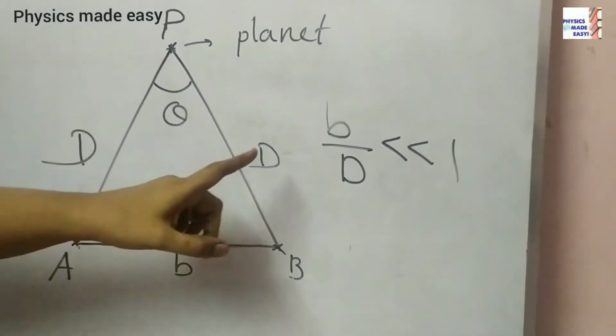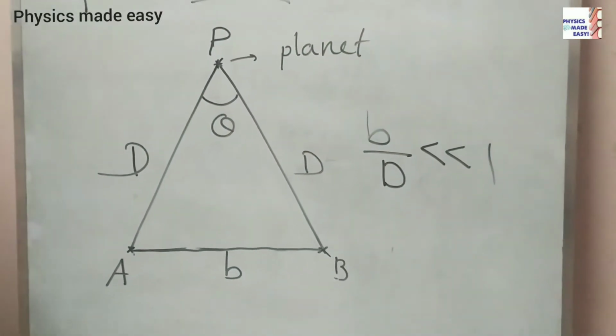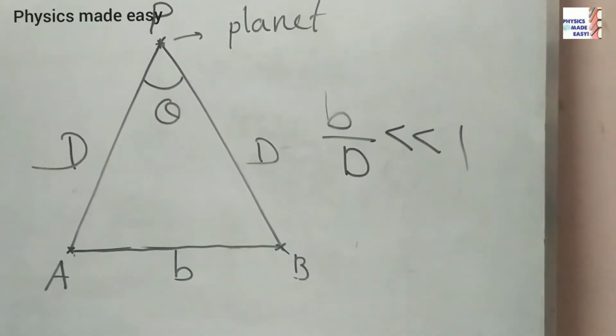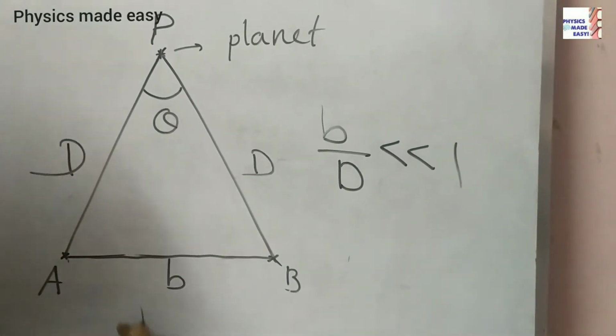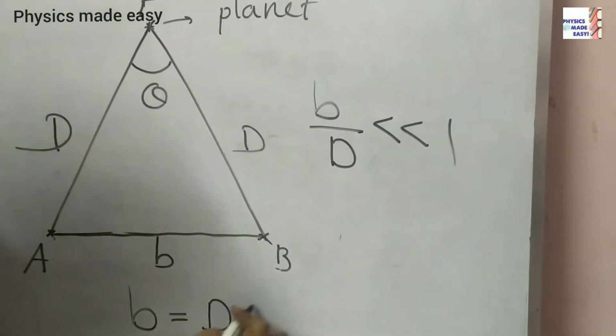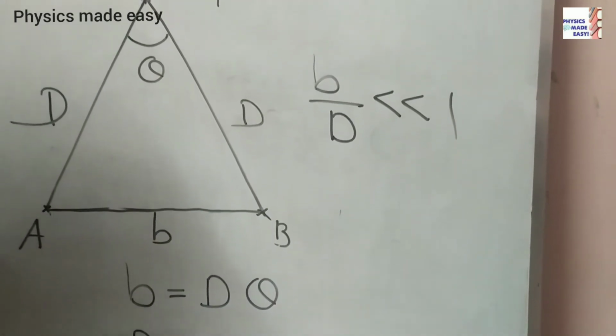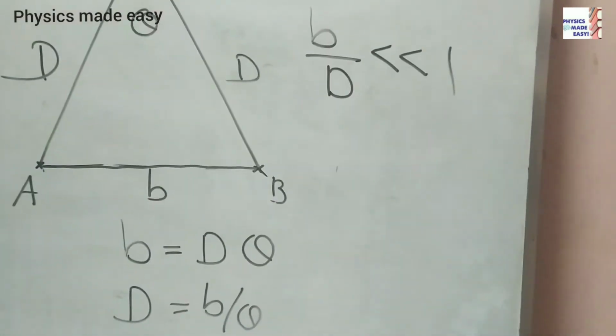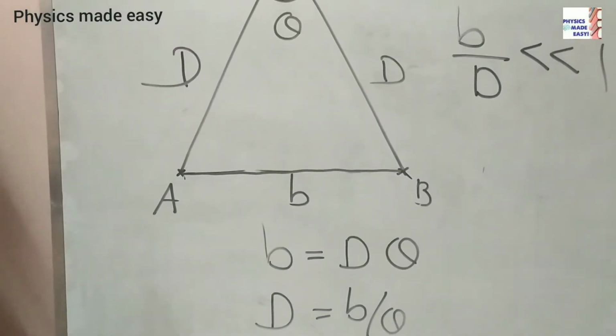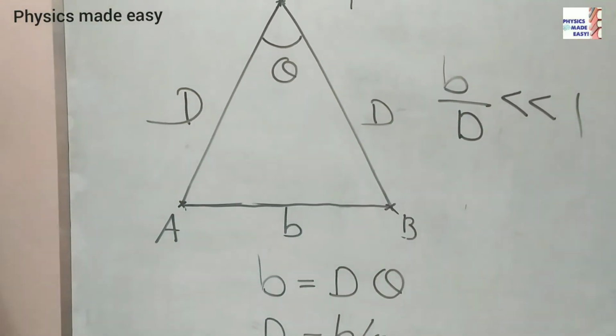So we can say theta is also very small. Then from that we can write B is equal to D into theta. From this D is equal to B by theta. Listen children, here this angle theta should be measured in radians.